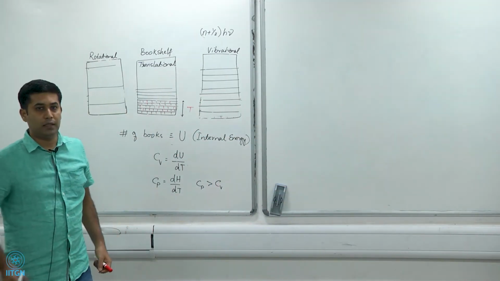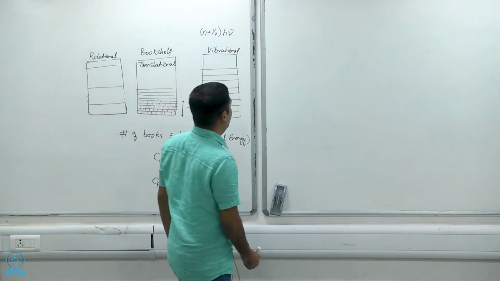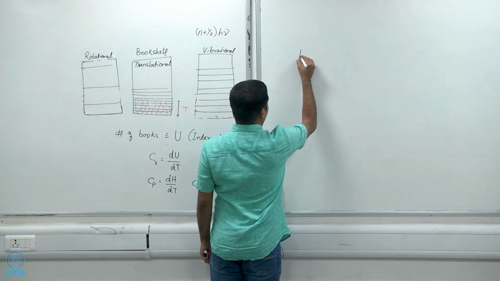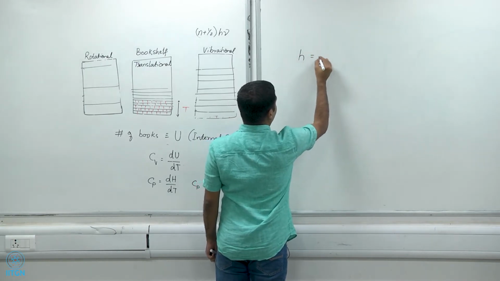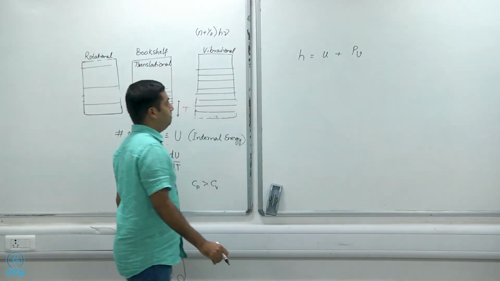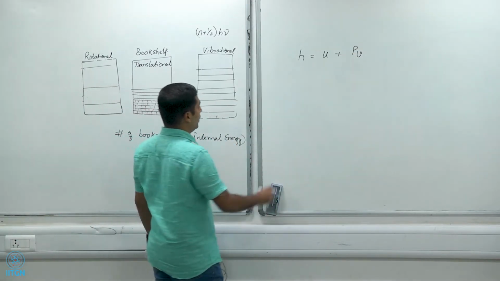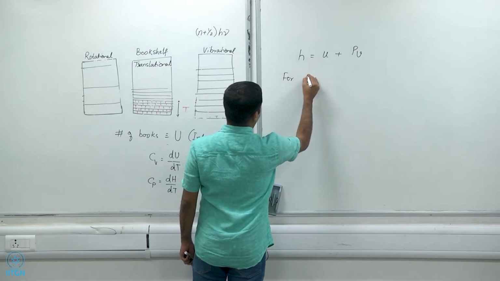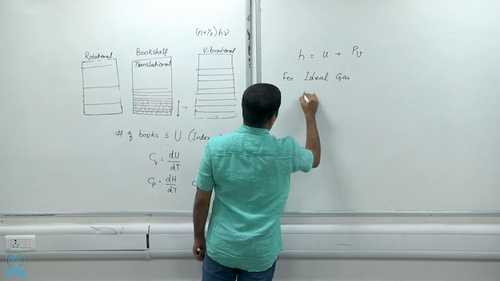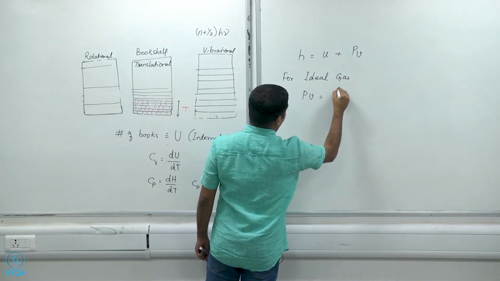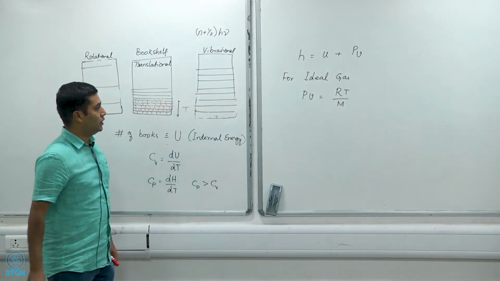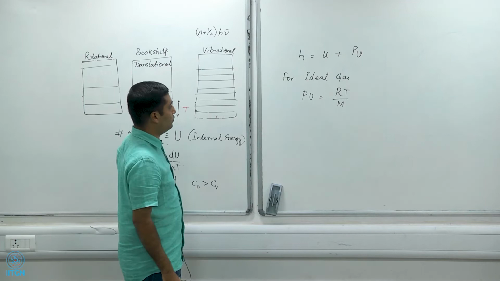expressions for the relationships between Cp and Cv from the definition of enthalpy for an ideal gas, which is defined as H equals U plus PV. We know that for an ideal gas, P times V can be written as RT by M, where R is the universal gas constant and M is the molecular mass of the gas.